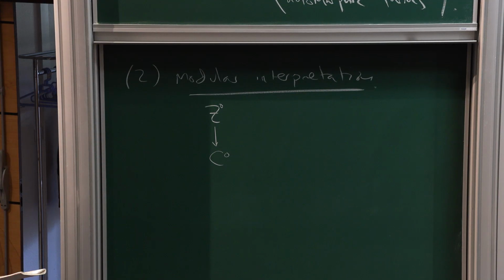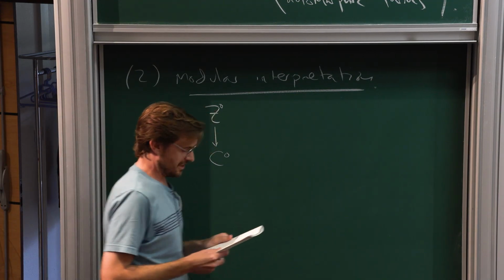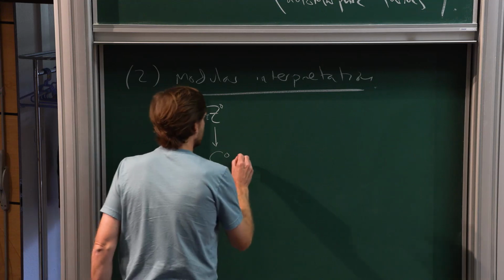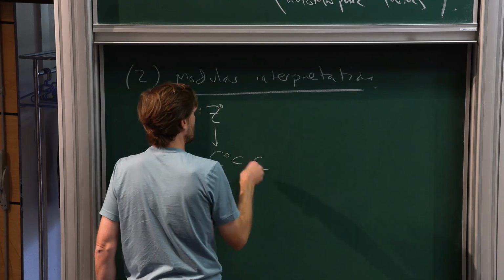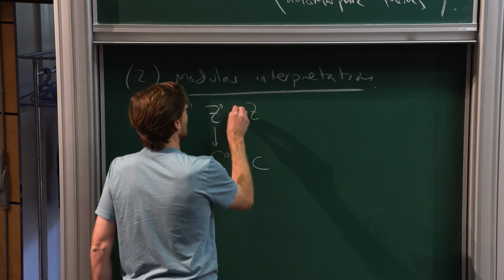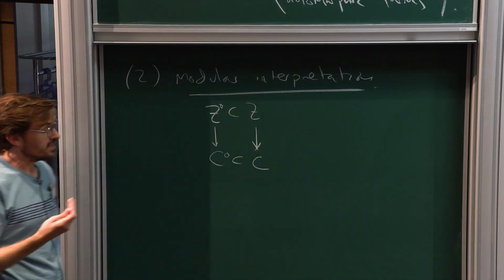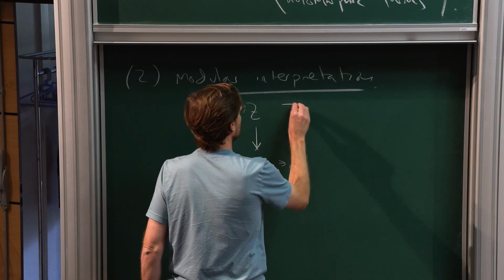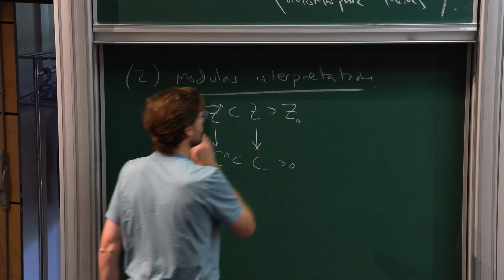I apologize for that, but there's nothing that can be done. So I have a smooth family of abelian varieties over a curve C, and suppose I close it up, perhaps by adding a point, into, let's say, a semi-stable family. So there's a special fiber over, say, 0, called Z_0.